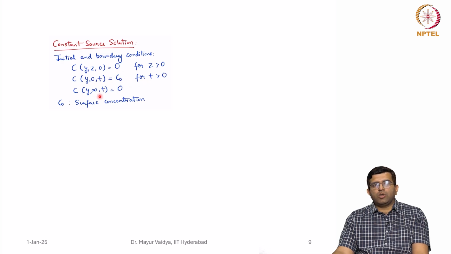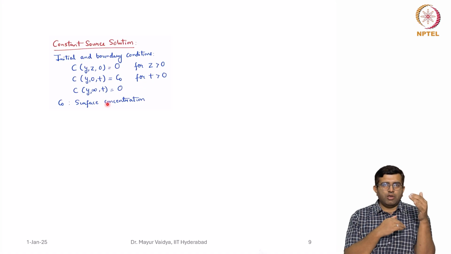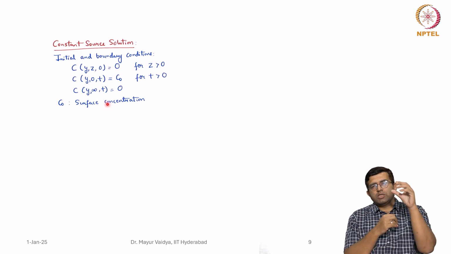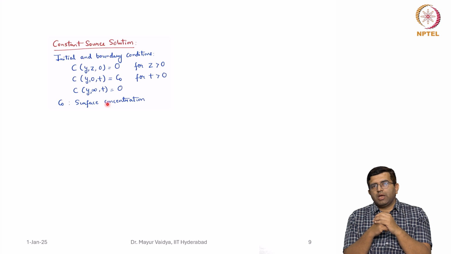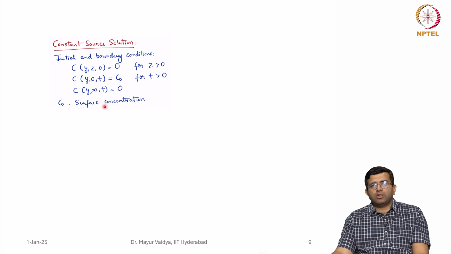At z equal to infinity and any instant t, the concentration is 0 because we assume it as an infinite domain problem. The diffusion depths are much smaller than the overall dimensions of the sample. Here C naught represents the surface concentration which is maintained throughout the experiment.